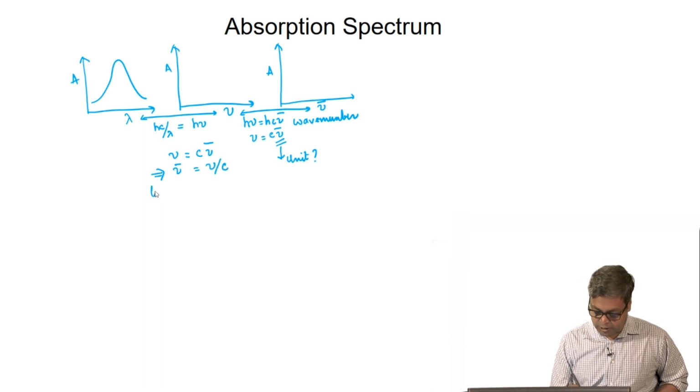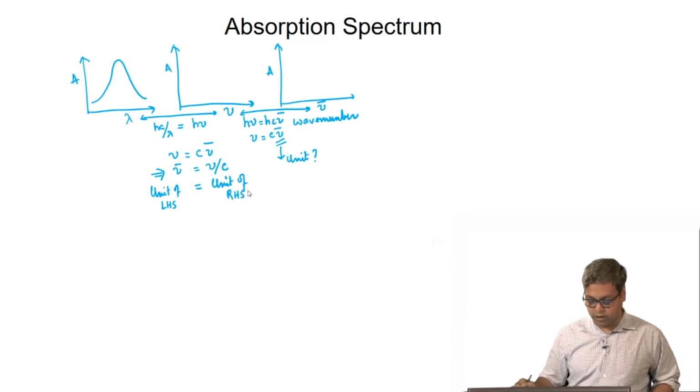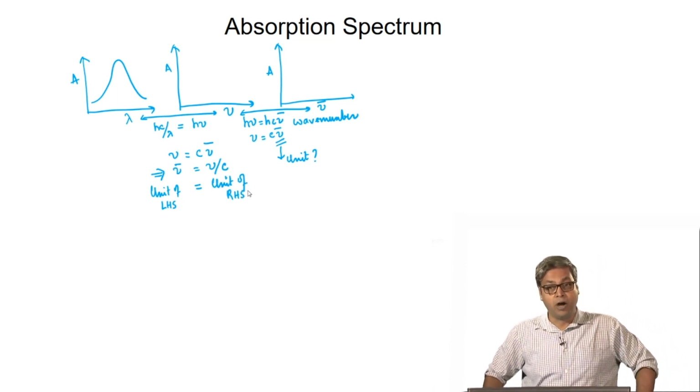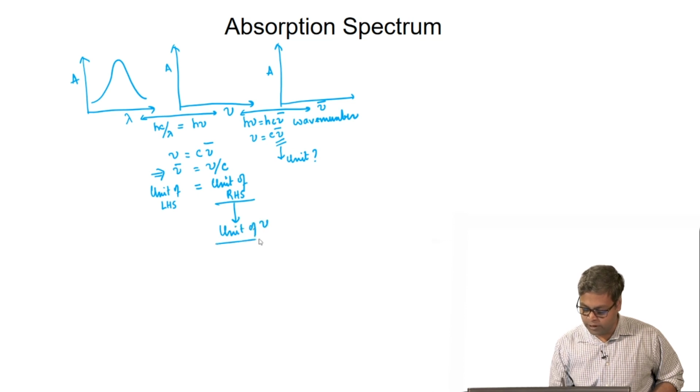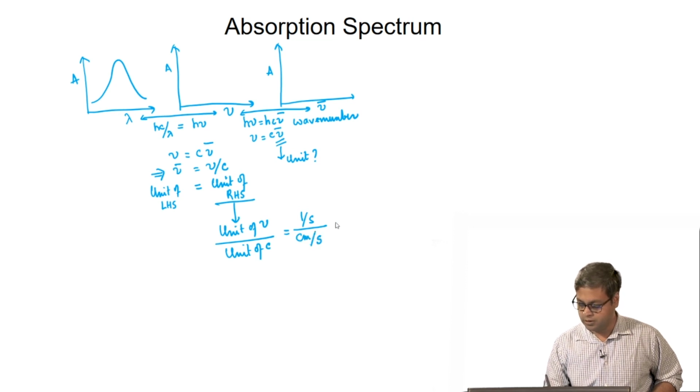We know the unit of the left hand side is equal to the unit of the right hand side. So, in order to find the unit of nu bar, we have to find the unit of the right hand side, that is the unit of nu by the unit of c, that is 1 by second divided by centimeter per second. This gives 1 by centimeter, or centimeter inverse.